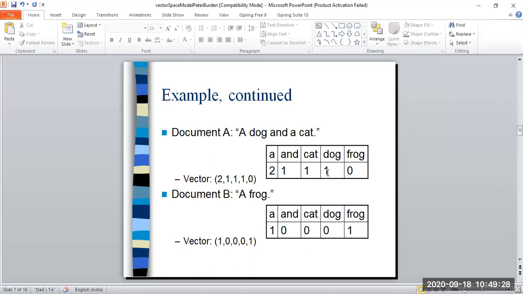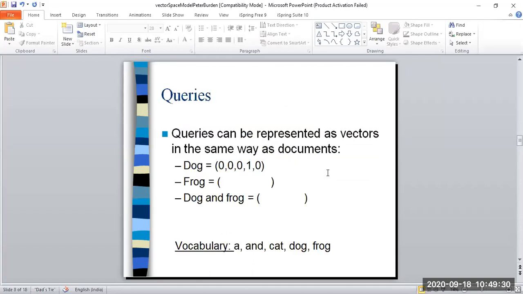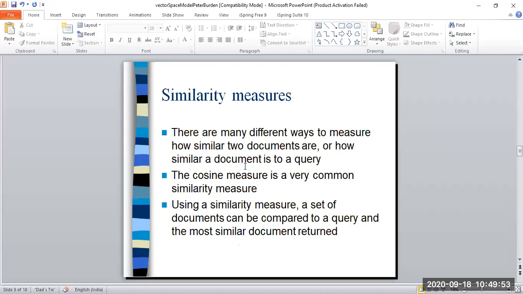I will show you how the similarity is measured using this vector. We will calculate the similarity measure between two documents, like document A and document B, and we will also measure the similarity between a document and a query. Let's move on to the next slide.